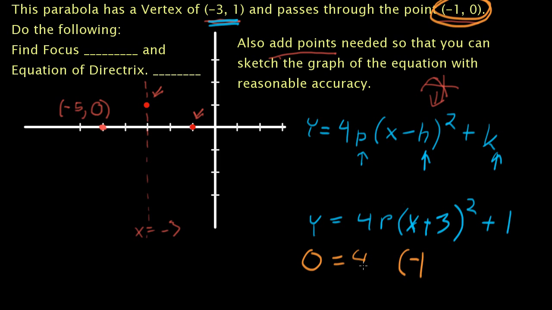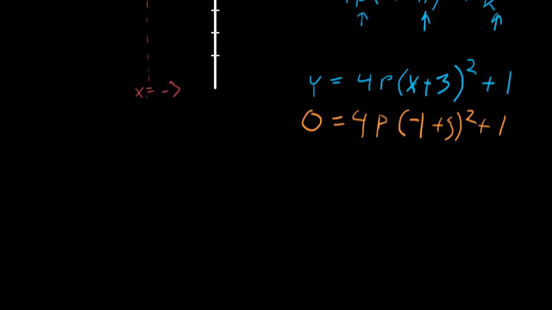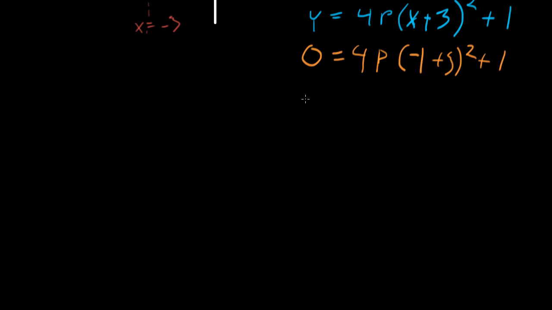So I'm going to say 0 equals 4p times (-1 plus 3) squared plus 1. Well, now that's an algebraic equation with one variable. So, 0 minus 1, so I've got -1 equals 4p.